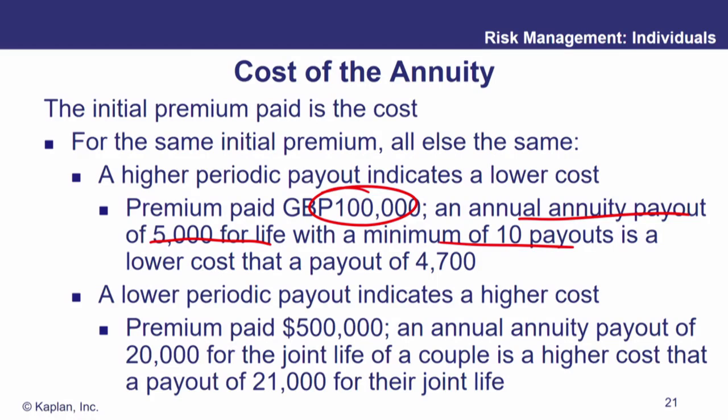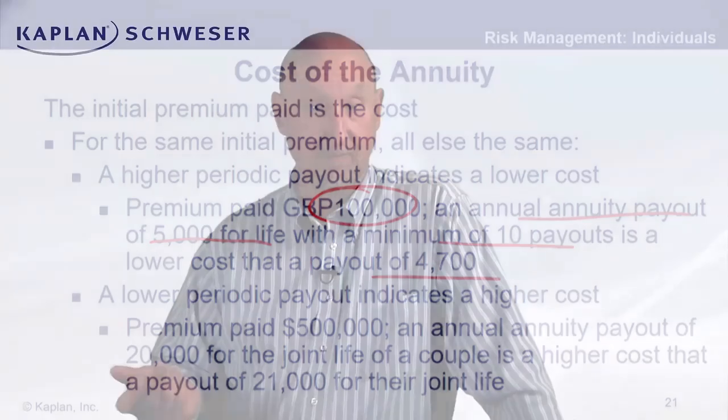Even if you die before that, at least 10 payments will have been made to you, the annuitant, or the designated beneficiaries. There's another annuity with all else the same, but the payout is only $4,700 annual payout. Gee, we paid the same amount of money, everything is identical, except one pays $5,000 a year and one pays $4,700 a year.